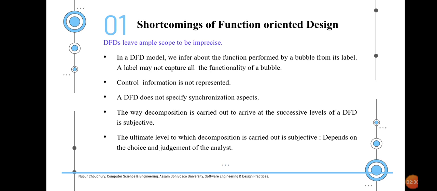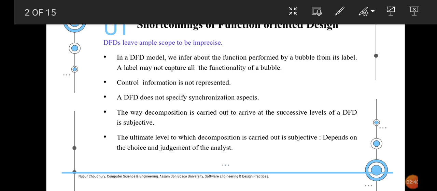And the most important factor is that the way the decomposition is carried out to arrive at successive levels of DFD is subjective, which means it entirely depends upon the choice or the judgment of the analyst. So this is very important. We cannot go on decomposing. There are certain rules associated with decomposition, that once we reach the atomic level of a process, we are not supposed to decompose it further.